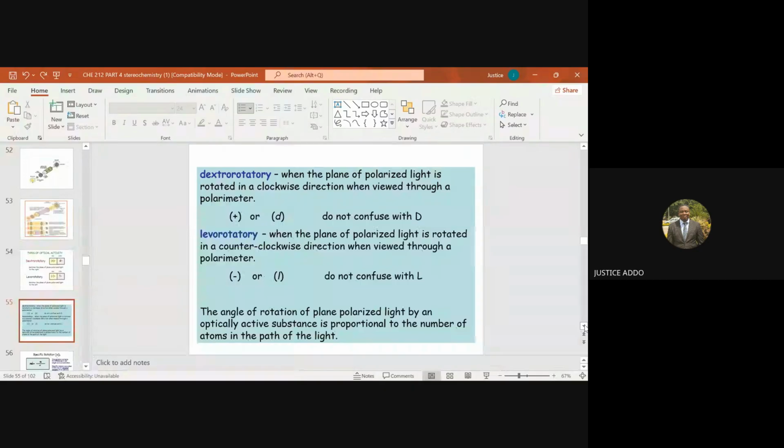You need to be able to know the definitions of these terminologies. So dextrorotatory is when the plane of polarized light is rotated in a clockwise direction when viewed through a polarimeter.